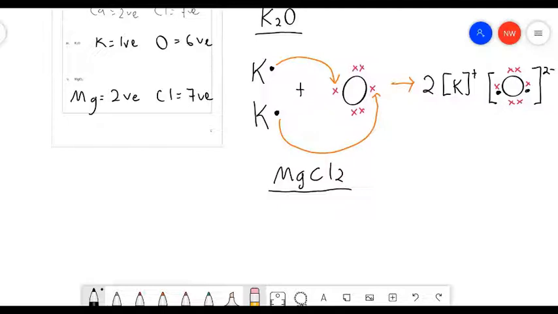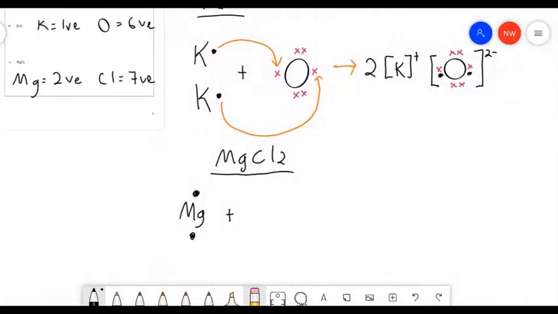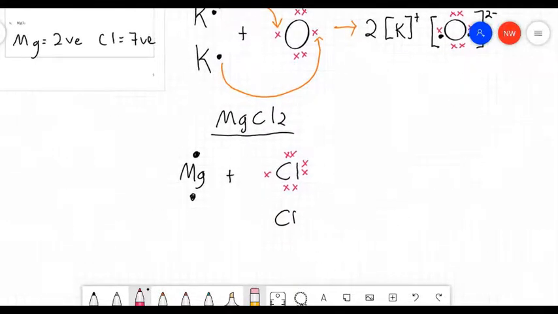MgCl2, so magnesium ada sebiji plus dengan 2 chlorine atom. So Cl, then another Cl. 1, 2, 3, 4, 5, 6, 7. 1, 2, 3, 4, 5, 6, 7.